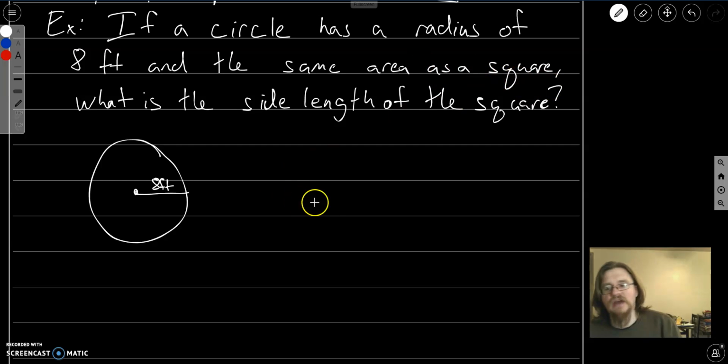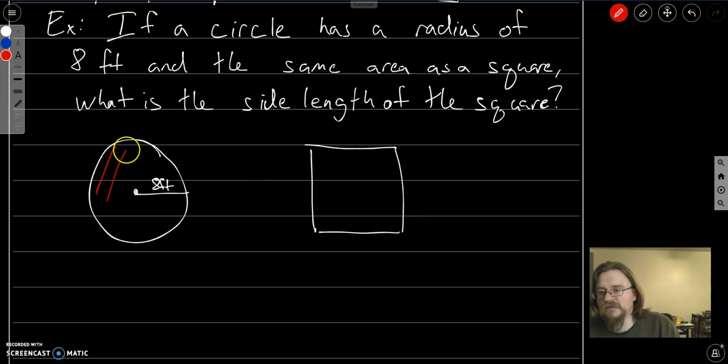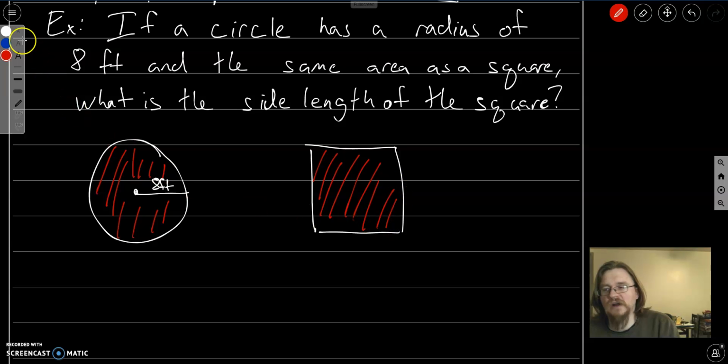And has the same area as a square, meaning that over here we'll have a square, and the area of the circle is going to be the same as the area of the square. And then the question that they're asking is, what is the side length of the square? So if I call S the side length, the question is, what is S?